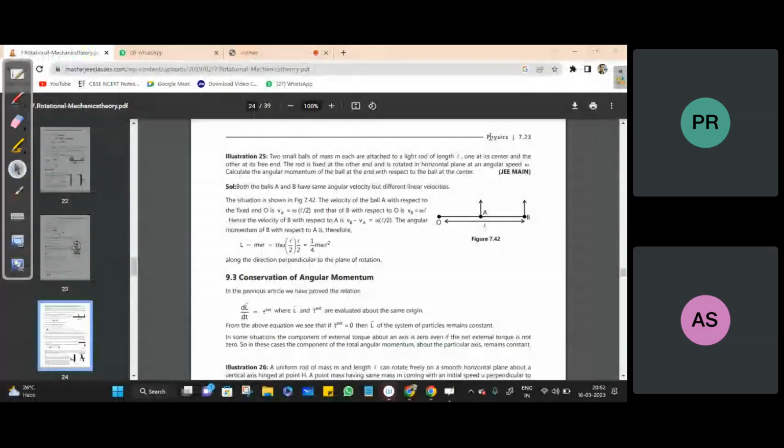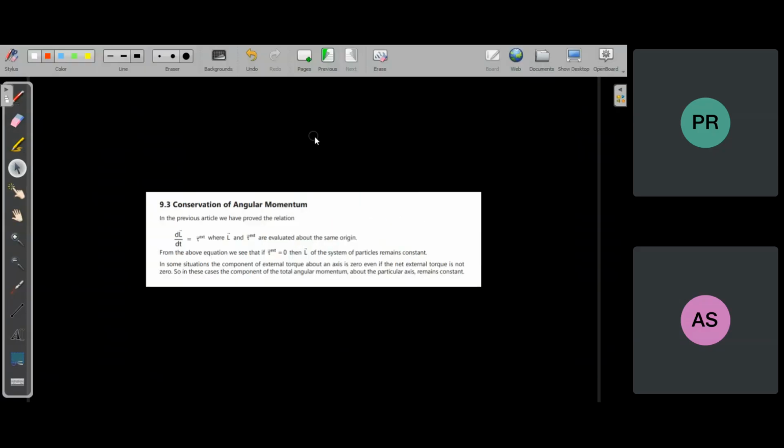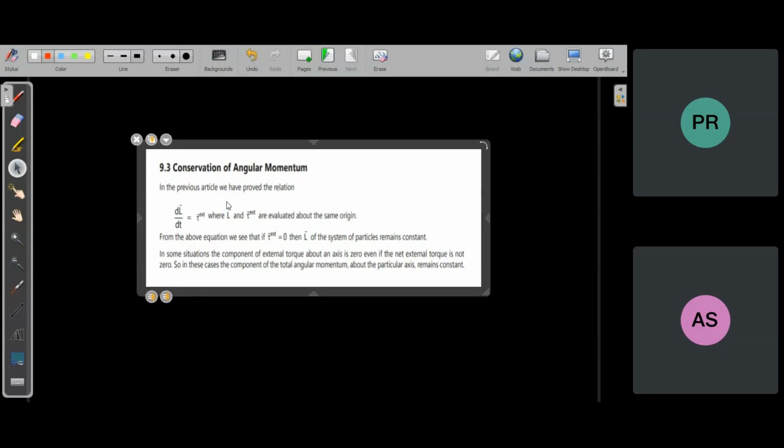Okay, so let's go to the next. Now this is very, very important. A lot of questions come from this, which is the conservation of angular momentum.